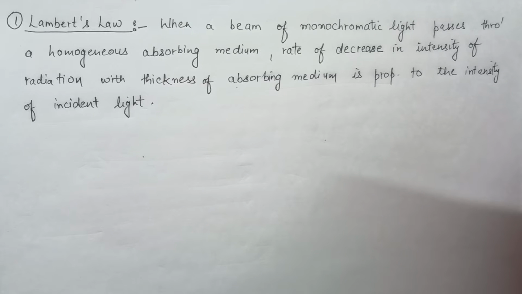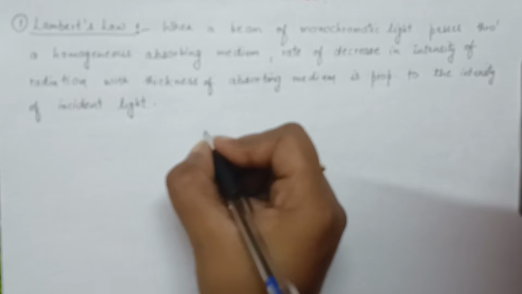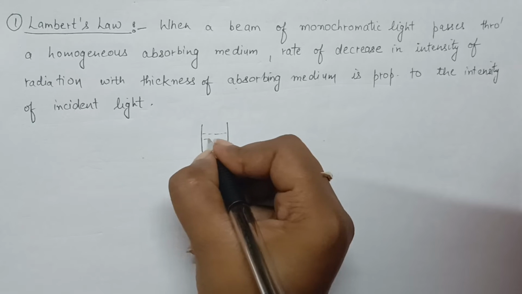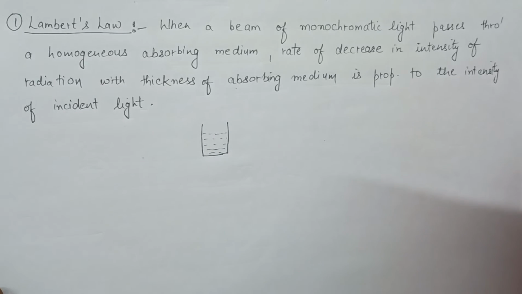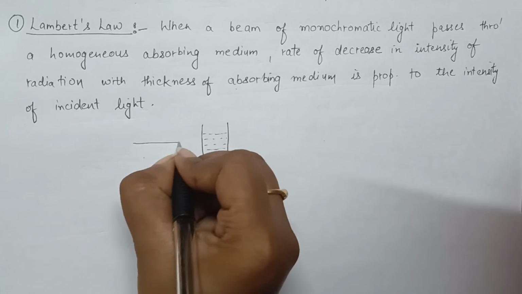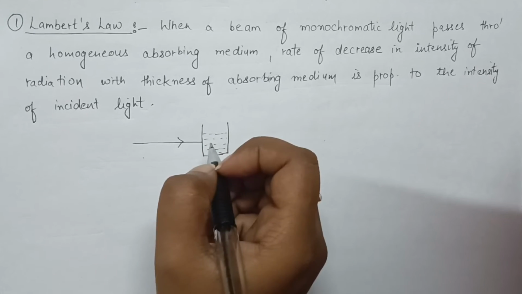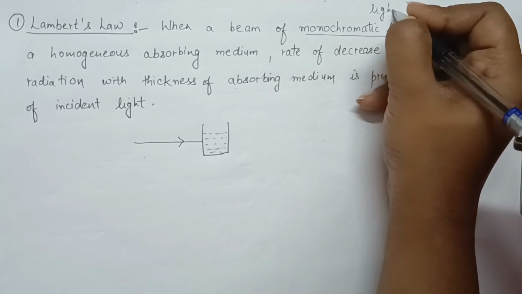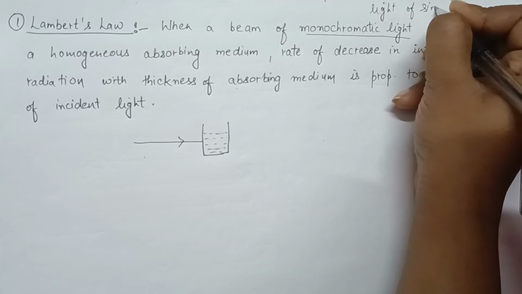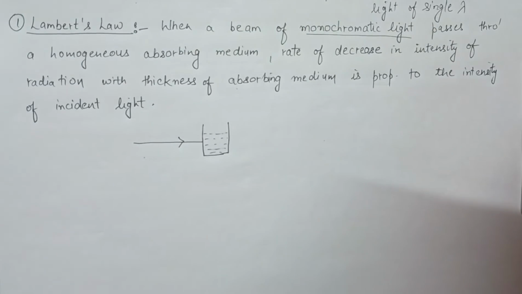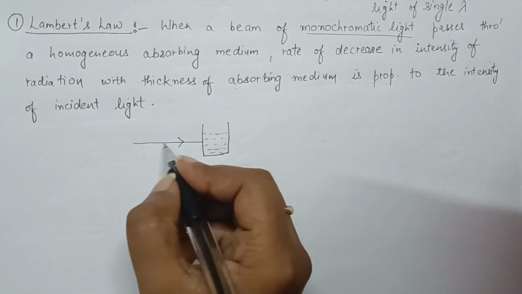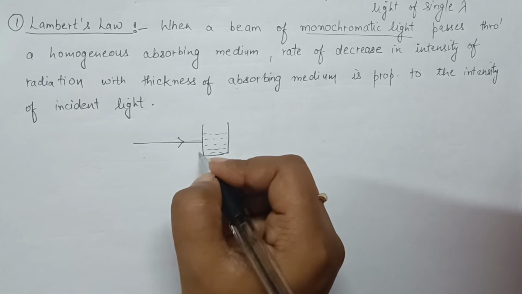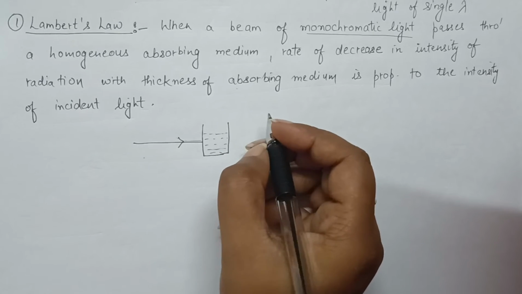Now what this law states is that suppose we have a homogeneous absorbing medium. This is a cuvette and in this cuvette we have some homogeneous absorbing medium. When a beam of monochromatic light, meaning light of single wavelength, that is lambda, passes through this medium, what happens?